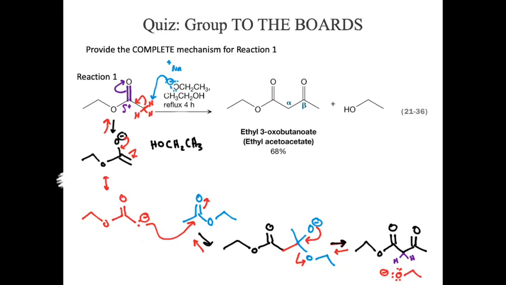Is that hydrogen particularly acidic? No. Why? The ester does resonance to stabilize the carbonyl already, which means the alpha hydrogens are less acidic, which means that first step is unlikely to happen. It primarily favors the reactants.